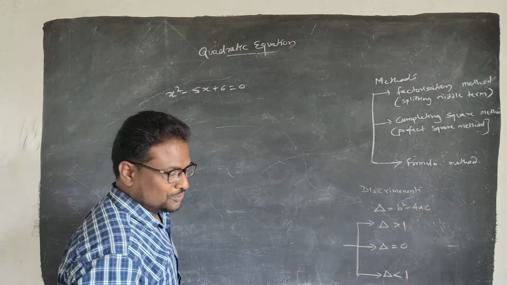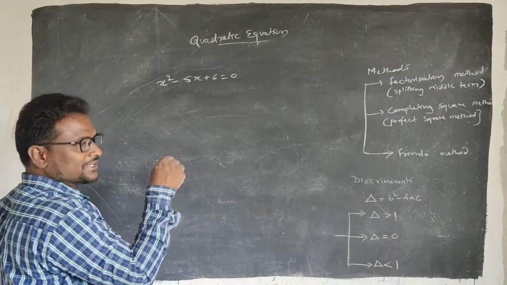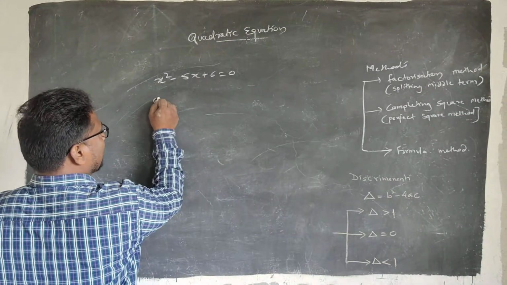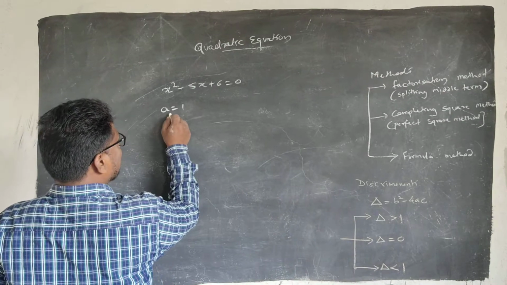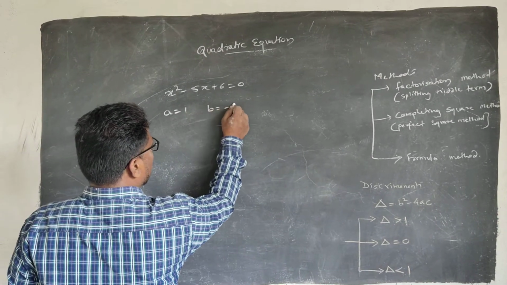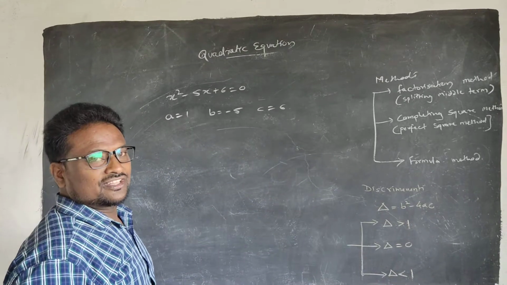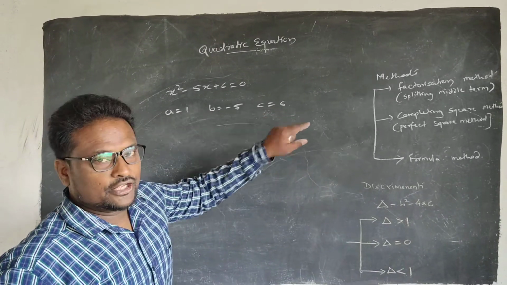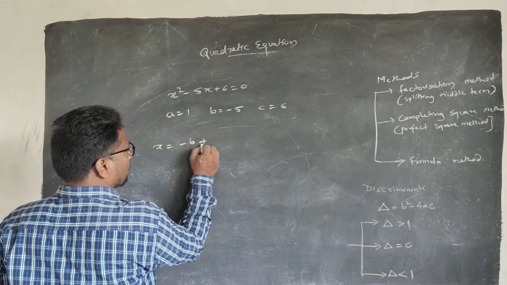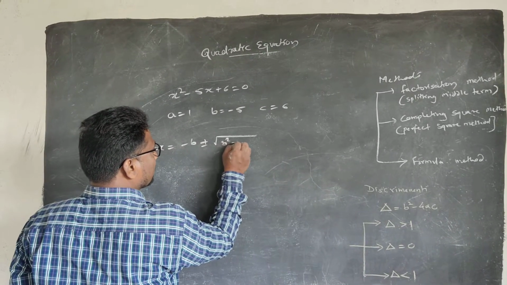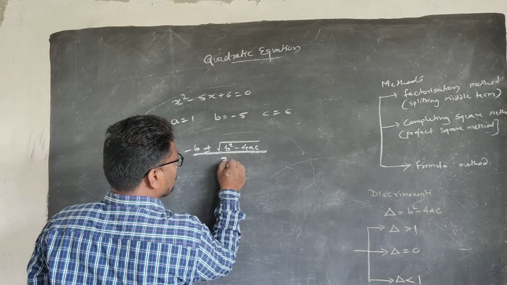For the formula method, we compare this equation with ax square plus bx plus c is equal to 0, so that we get a is equal to 1, b is equal to minus 5, and c is equal to 6. Now using these values of a, b and c in the formula, we get x is equal to minus b plus or minus root b square minus 4ac upon 2a.